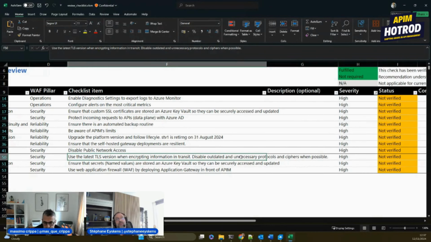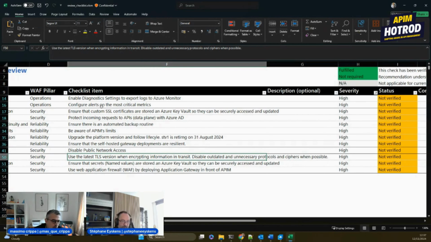You have cipher suites, and sometimes you have upgrades of cipher suites, and then of course you have existing clients using another cipher suite, and then you just break communication. So it's important to do this, but just measure the impact and make sure that you know what you're doing there. Okay, cool.